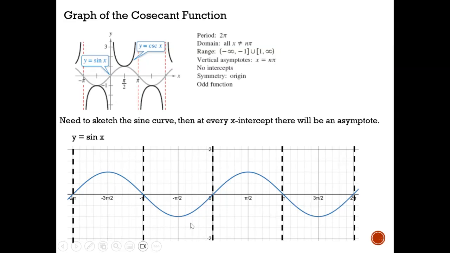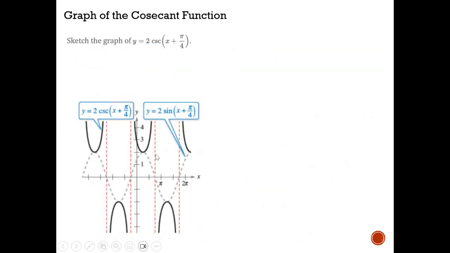Touch it there at the negative pi over 2. It's going to come up like this. It's going to touch it there at the pi over 2 at the amplitude. And also here on the right side, it's going to touch it there at the 3 pi over 2 at the negative amplitude. That's where the graph comes from here. You see, at every extrema it's going to touch and go up. That's what I was trying to describe in the previous slide.